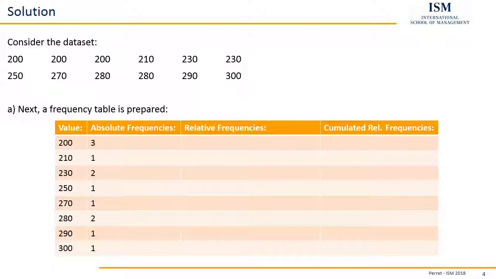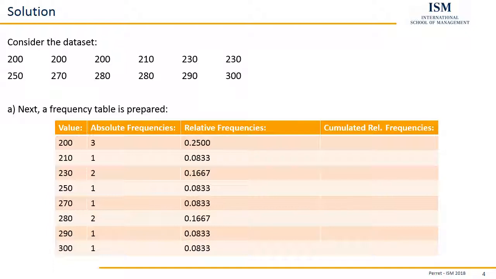For the second half, for the relative frequencies, we just consider how many observations we have, in this context 12, and we divide all the absolute frequencies by the number of observations. So we start with 3 divided by 12, giving us 1/4, 1 divided by 12, 2 divided by 12, and so forth. This is still relatively easy.